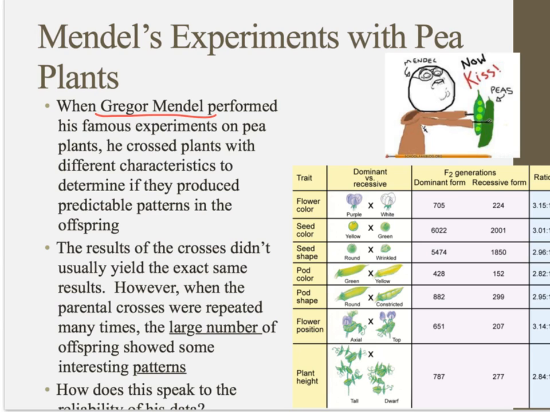And he did this in ridiculously large numbers, and he started to notice that some patterns emerged. And so because these numbers were so large and because the patterns were so consistent, he was able to make a lot of really important conclusions in terms of what characteristics are heritable or passed down from parent to offspring.